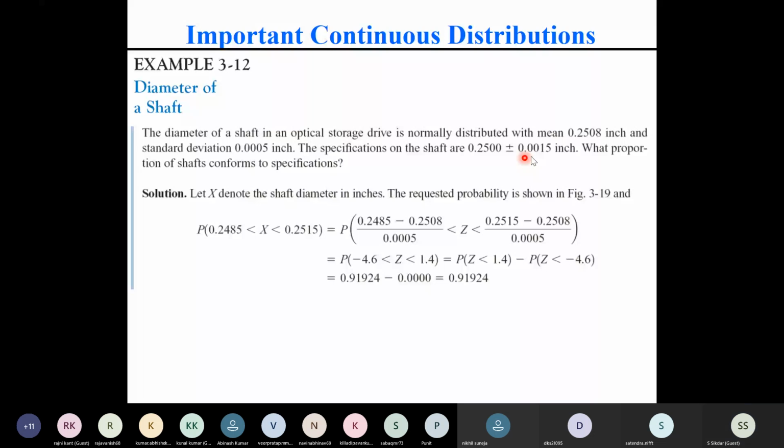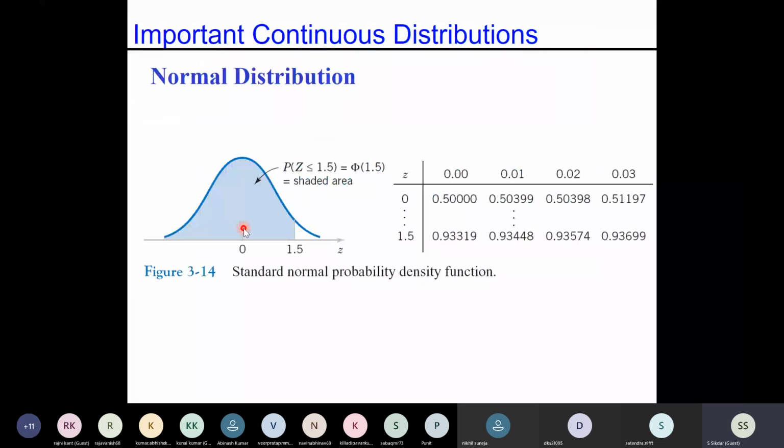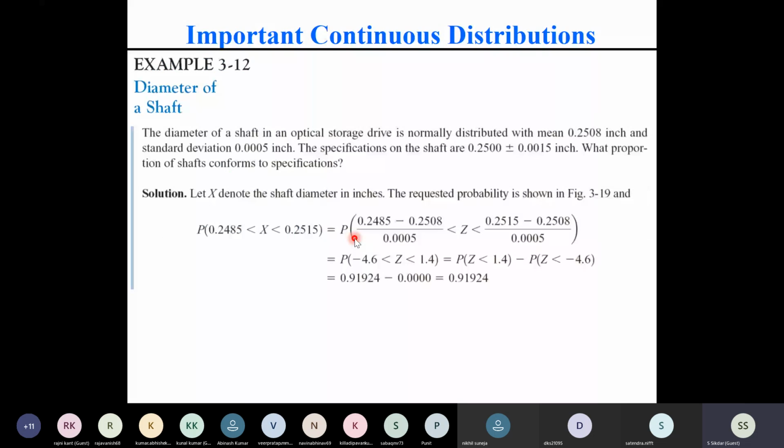So you have to find the probability in between these two values, 0.2485 and 0.2515. That's what has been done here.